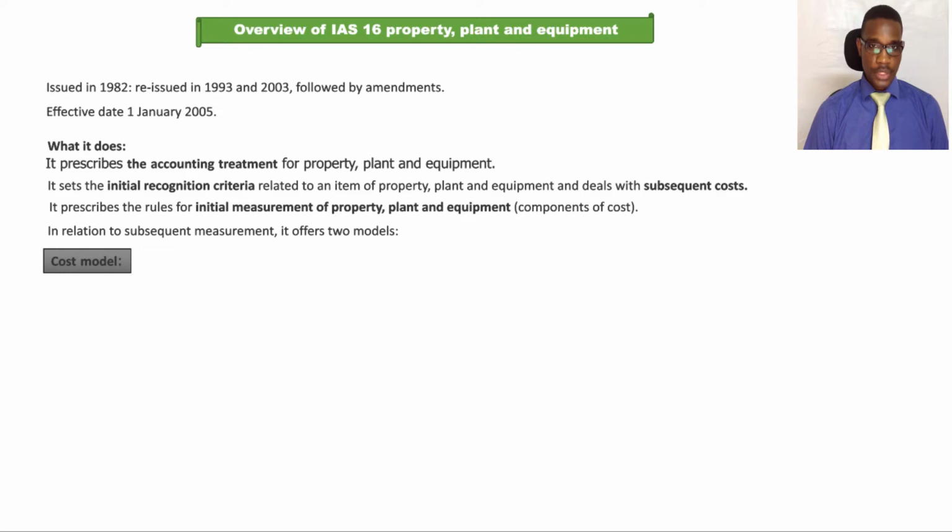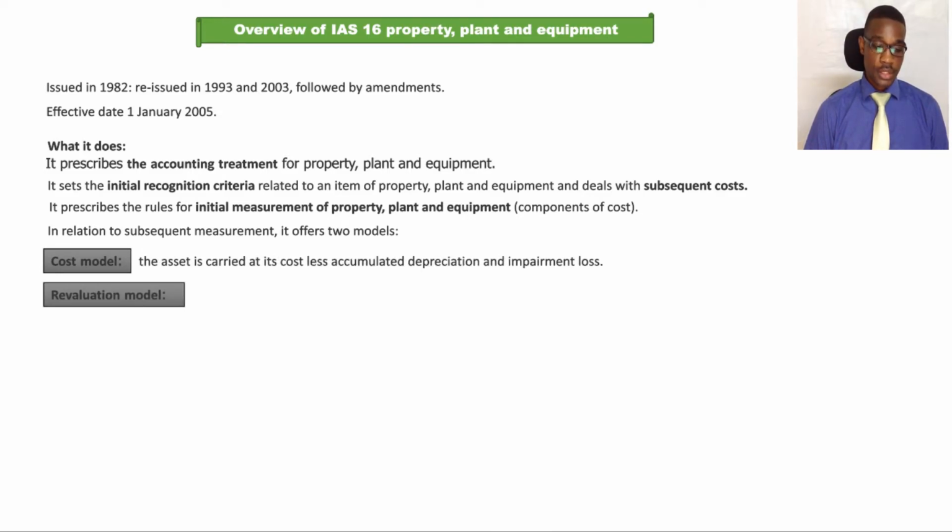The two options are the cost model and the revaluation model. In the cost model, the asset is carried at its cost less accumulated depreciation and impairment loss. This is the commonly used cost model.